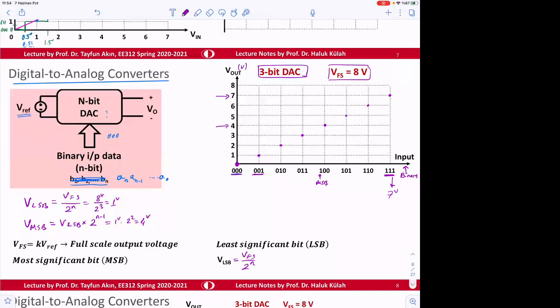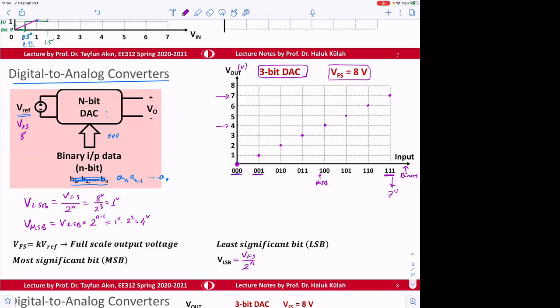Now this is the D to A, not A to D. Here we apply the reference voltage, and that reference voltage is typically considered as the full scale, and for this case it is 8 volts, and that's how we represent. Okay, is that clear now?